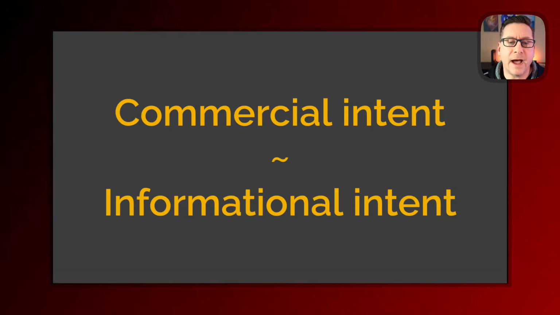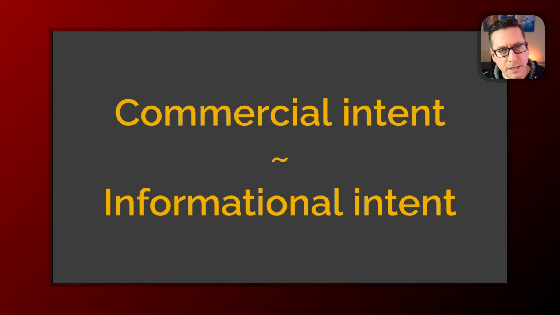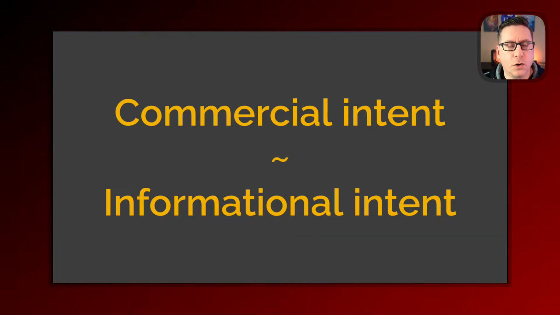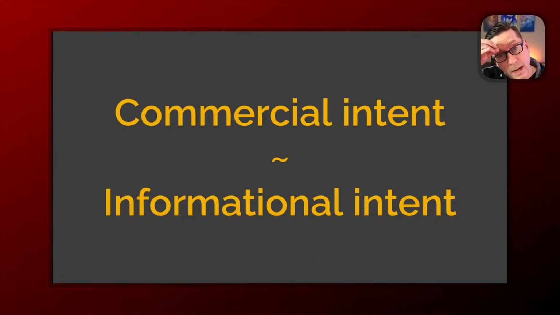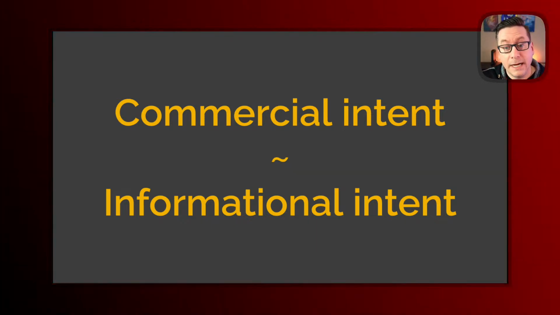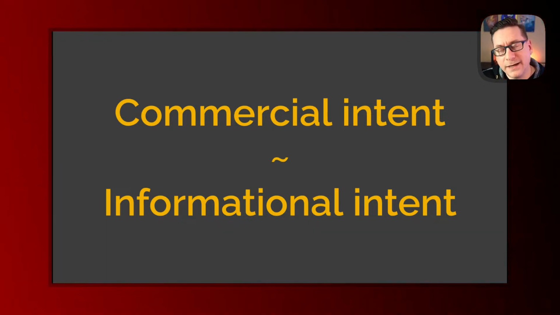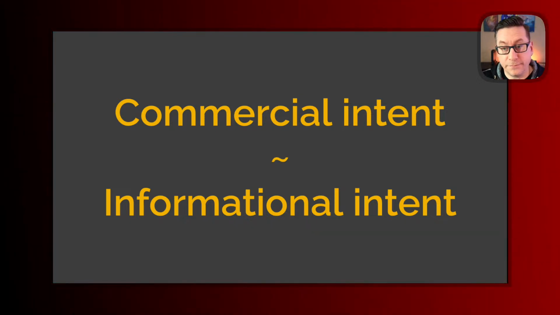Just be aware that it's the commercial intent keywords that are ultimately going to earn you primarily affiliate sales. Informational intent might earn you what I like to call secondary affiliate commissions or affiliate sales.